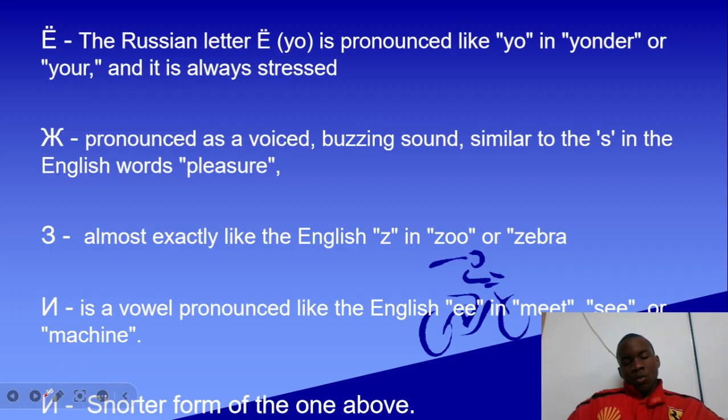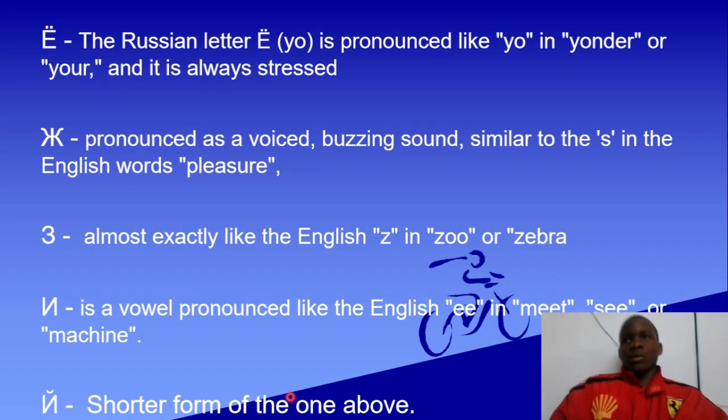And then we have this one. When you have this letter with that thing on the top that looks like a smiley face, that, in actual fact, is trying to tell us that it is a shorter form of this one. So if this is meat, this would be a shorter ee. It's like the Spanish si.